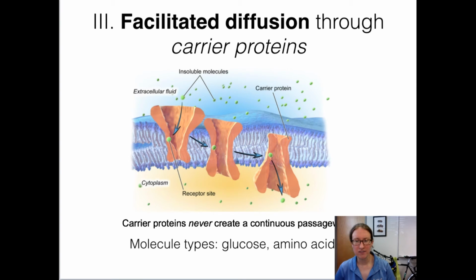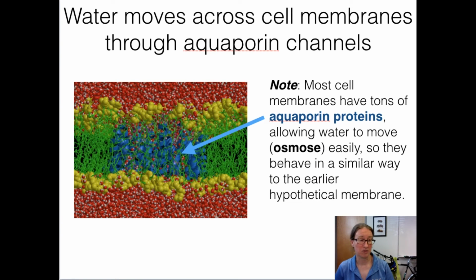Okay, so then our final type of passive transport protein is one of my favorites. And I think it's one of my favorites mostly just because these were only actually discovered about 30 years ago, in spite of the fact that these proteins are one of the most important transport proteins ever. And so what I'm referring to here are proteins that are called aquaporin proteins, which allow for the simple diffusion of water, or I should say carrier-mediated diffusion of water.